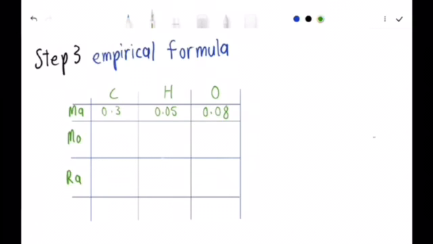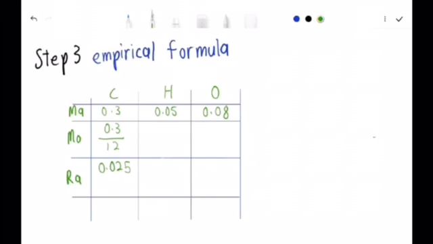For step 3, we are going to find the empirical formula. The given mass for carbon is 0.3, for hydrogen is 0.05, and for oxygen is 0.08. Next, we find the number of mole for carbon, which is 0.3 over 12, and the answer is 0.025.